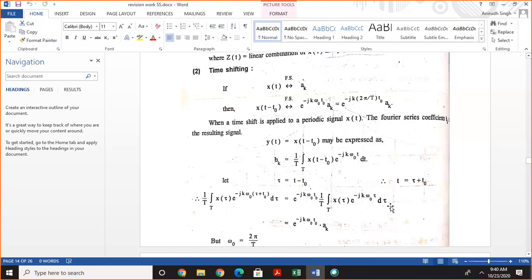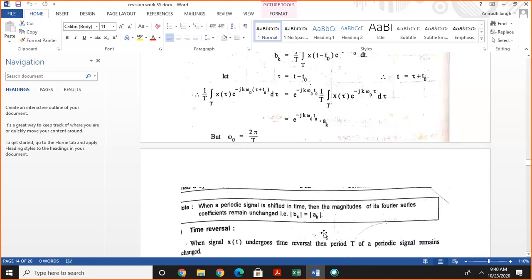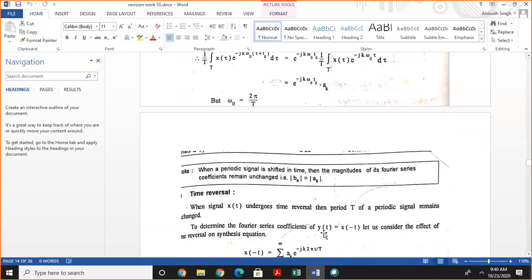Then bk is 1 by T integration of x of t exponential minus j k omega naught t dt. Substitute t minus t naught equal to tau. So we get this expression, and then t is replaced by tau plus t naught.